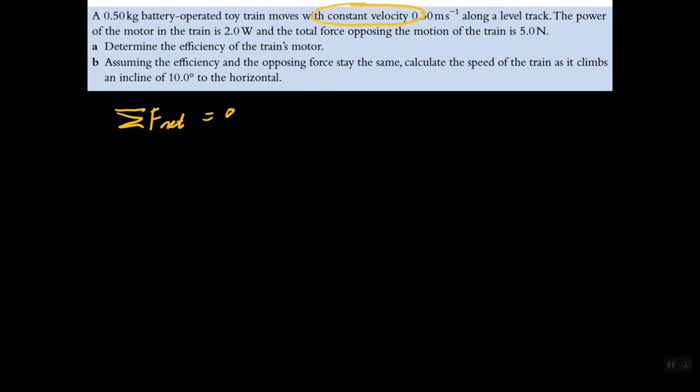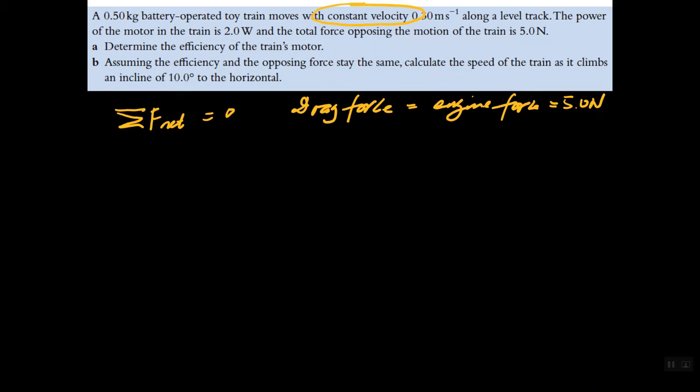The net force equals 0. Drag force equals engine force, which is 5 Newton. As the train is moving with constant velocity, the net force equals 0, which means drag force minus engine force equals 0, so drag force equals engine force, which is 5 Newton.